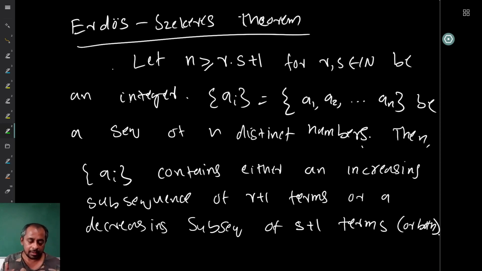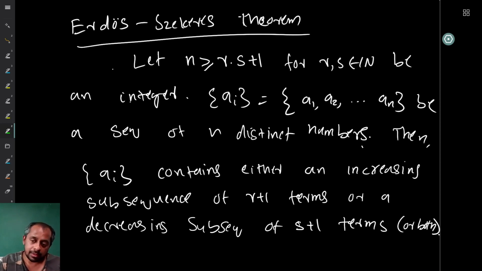So what the Erdos-Szekeres theorem says is that you can find either an increasing subsequence of at least r plus 1 numbers, or a decreasing subsequence of s plus 1 numbers. This is something that you can always do.